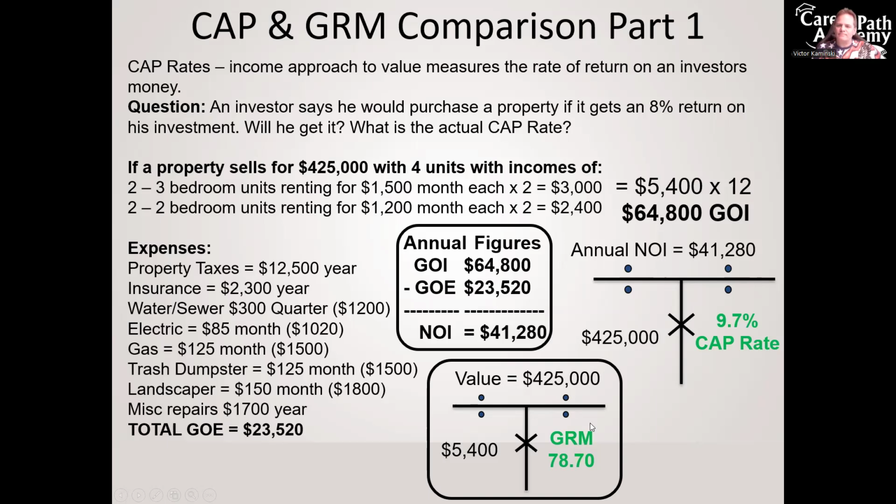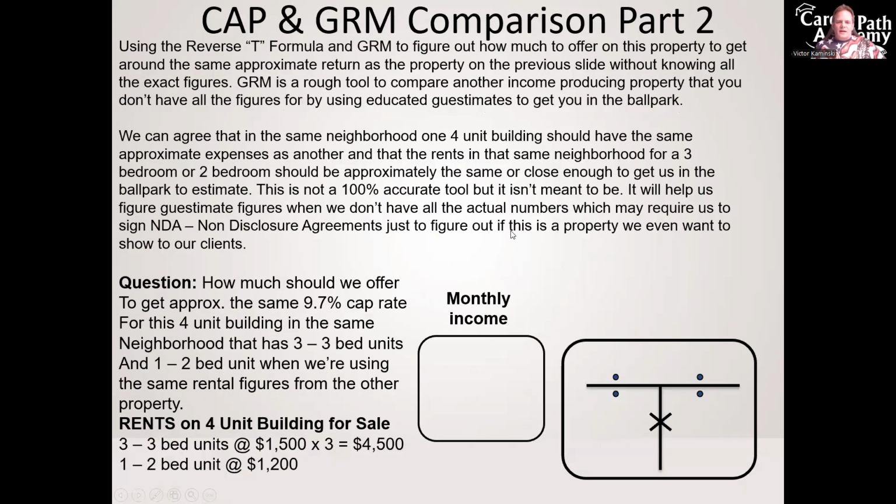All right, so the GRM, that's used to compare two properties when you don't have all this information. So let's just say that you have a property that has 9.7% cap rate. And it comes up on the market, and we don't know what its income and expenses are.